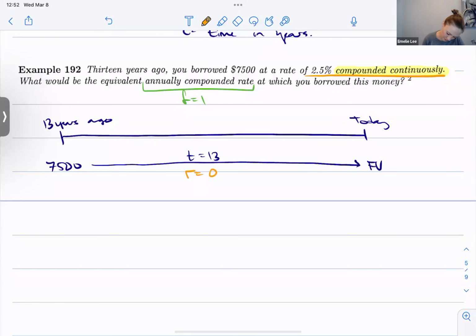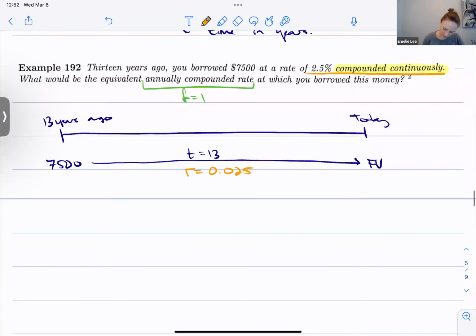So R is 0.025 and F is continuously. What we're asked to do is, what annually compounded rate, so what would R be if F is 1, that'll get you from the same present value. So PV is 7,500, get you from 7,500 to this future value. So we're going to force that to be the same.